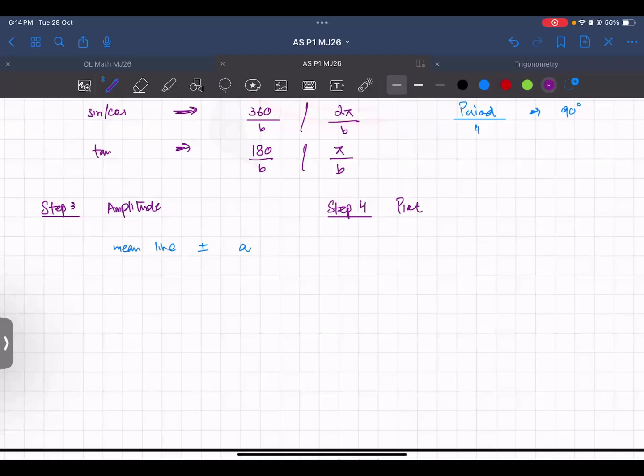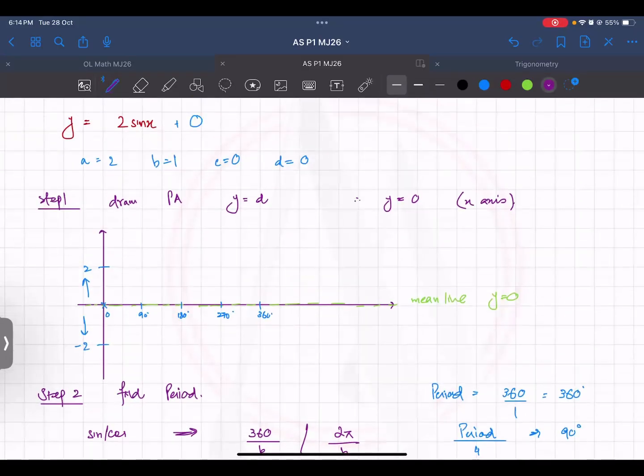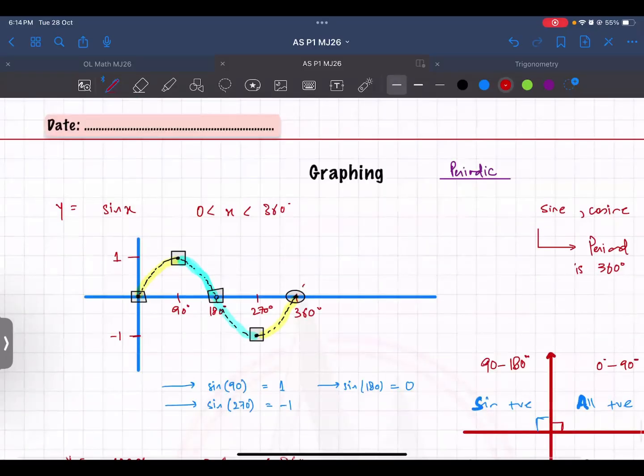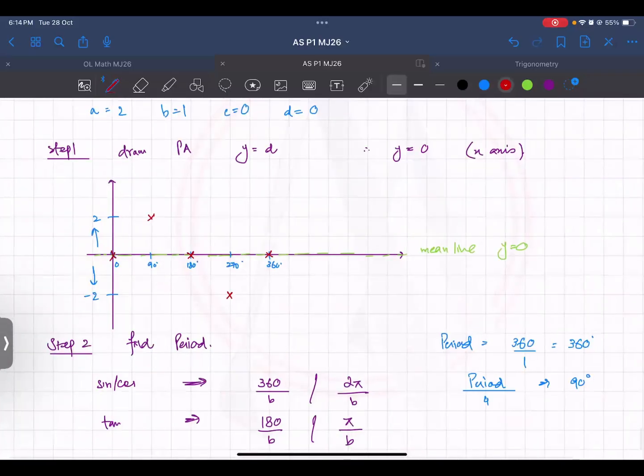Then plot exact points that we know from the original graphs, and join. From the original graph, we knew that the graph of sine starts from 0, then goes maximum, then 0, then minimum, then 0. So that's what I have plotted over here as well: 0, maximum, 0, minimum, 0.